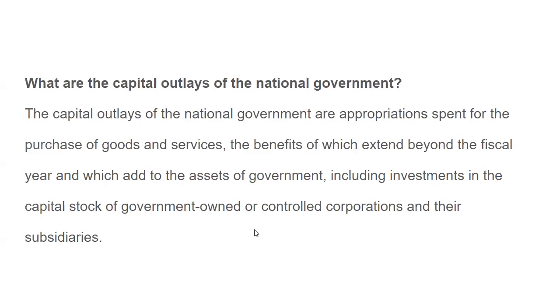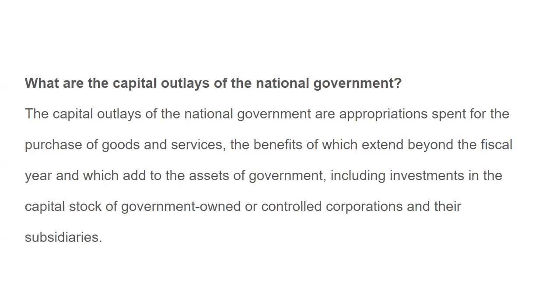Subsidiaries are like a branch which is created by the agency or a government owned and controlled corporation. It may also do business other than what it was originally intended for.